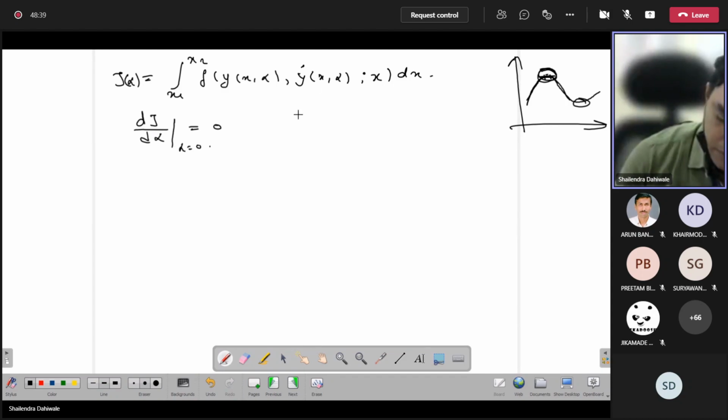This is the condition for obtaining stationary.